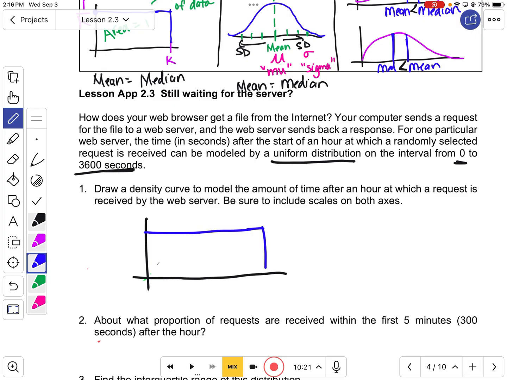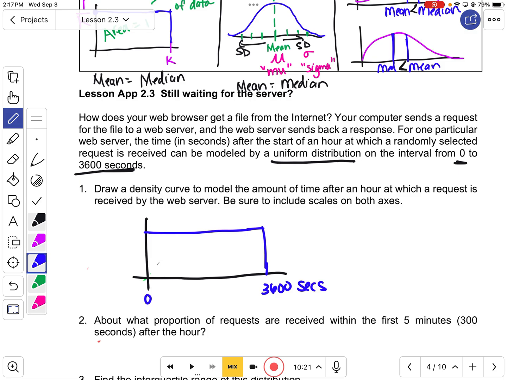So that's what I'm going to do. I'm going to start out by drawing that, right? So I'm going to go from 0 to 3,600 seconds. That's what it means by an interval. That's what's going to be my number line on the bottom. So if I start at 0 and I go to 3,600, how long is it? Not a trick question.